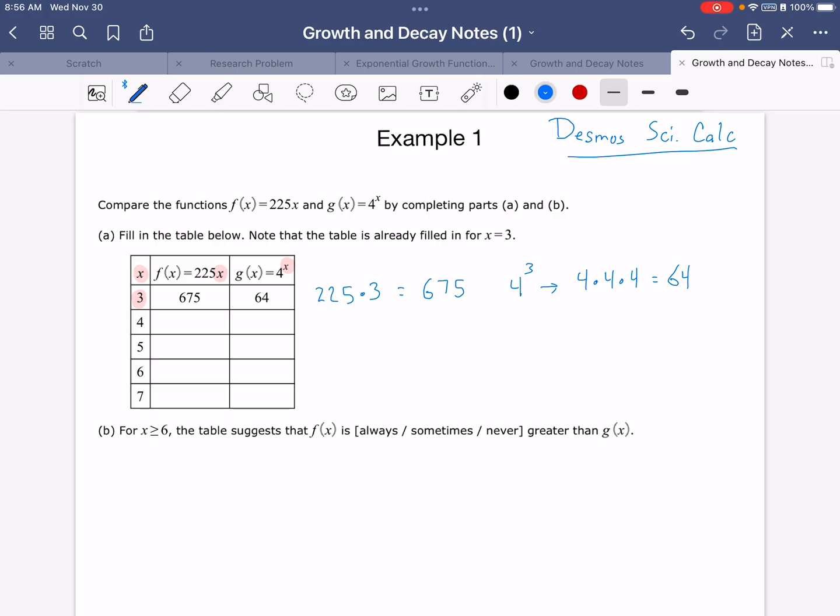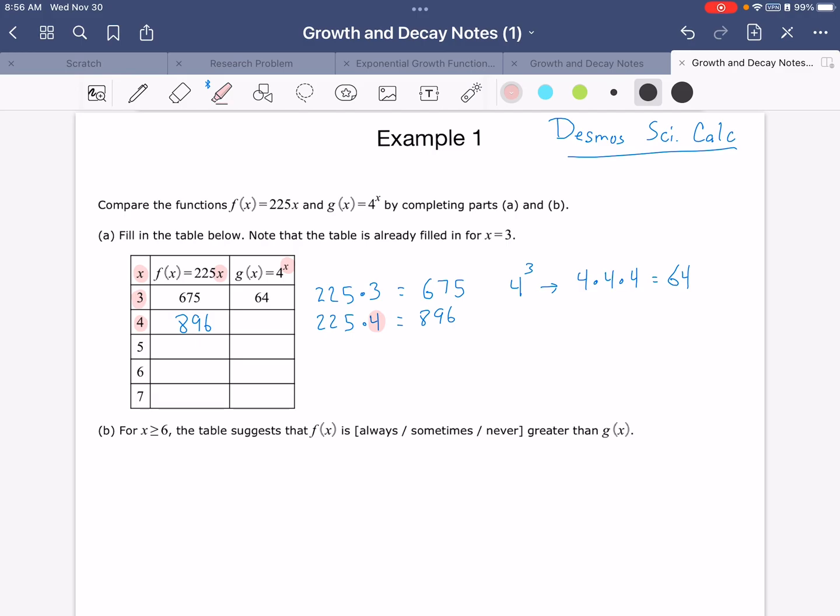Now we're going to continue to do this. Let's do our next line. 225 times 4. When you get to that, you get 896. Again, we're just substituting in our x value.